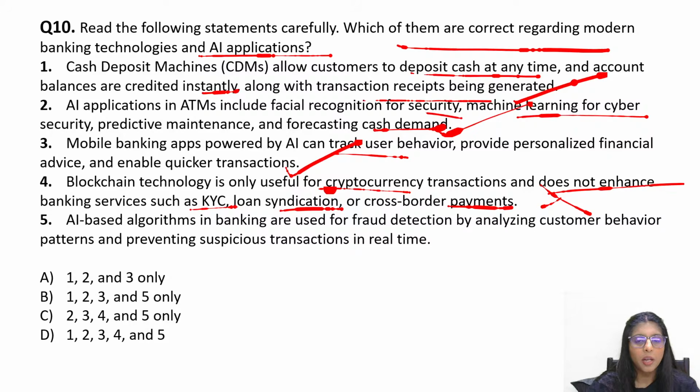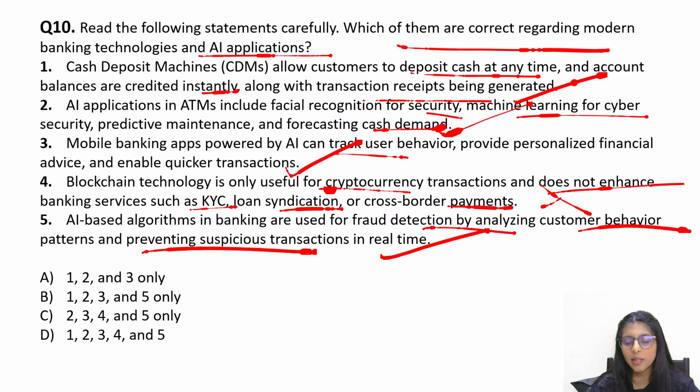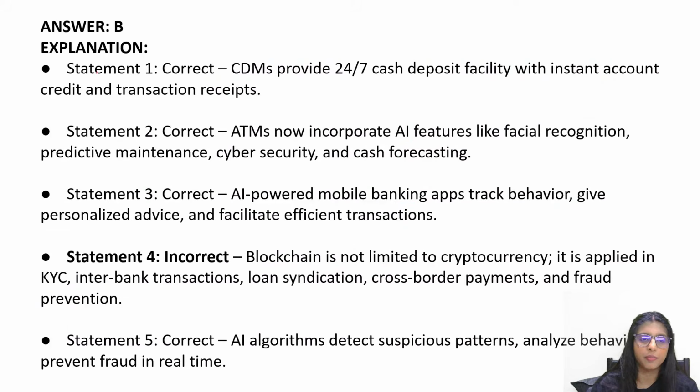It is not only useful for cryptocurrency. AI-based algorithms in banking are used for fraud detection by analyzing customer behavior patterns and preventing suspicious transactions in real time. It's correct. So which are the correct statements? 1, 2, 3, 5 are the correct statements. That is option B. Option B is the right answer.